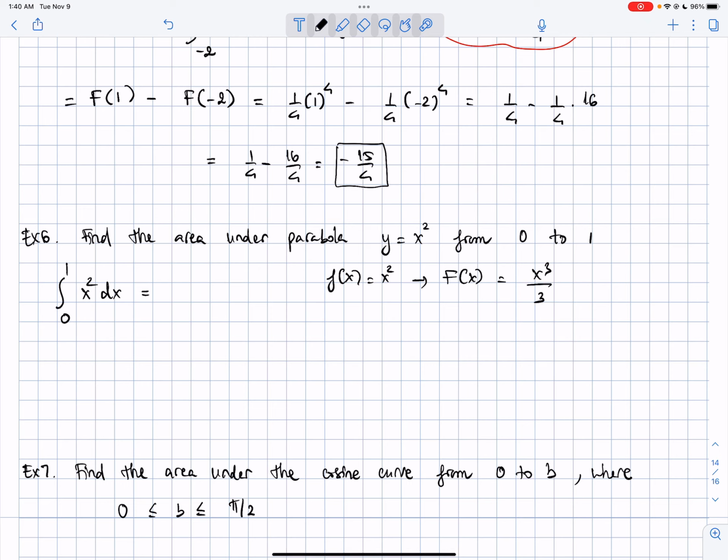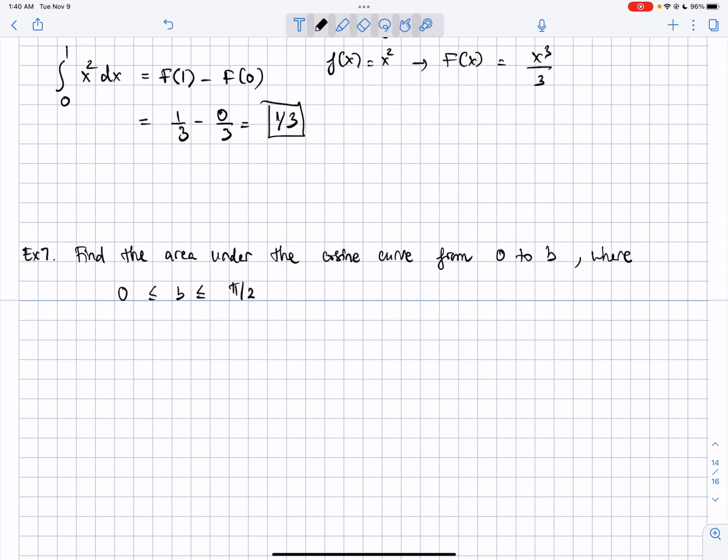And this function x squared is continuous, so that's why we can apply the fundamental theorem of calculus part 2. So that would be F of b minus F of a, F of 1 minus F of 0. So we plug in, so we have 1 third minus 0 over 3. So the answer is 1 third.